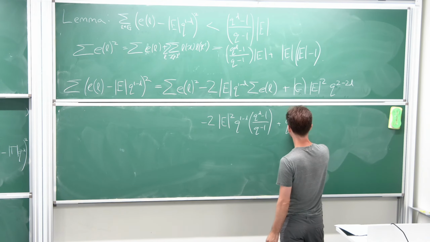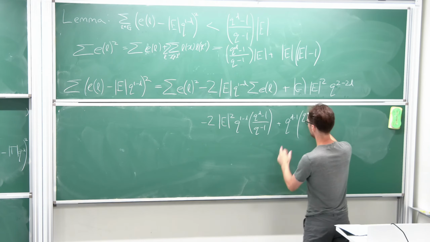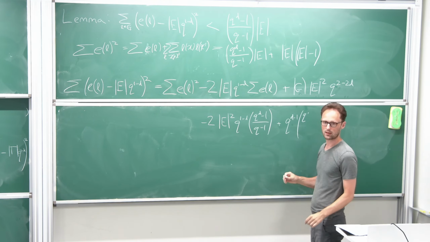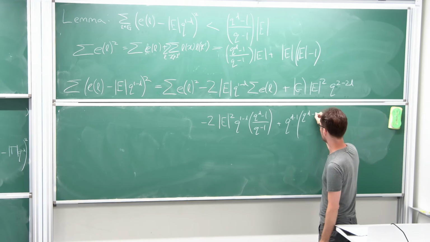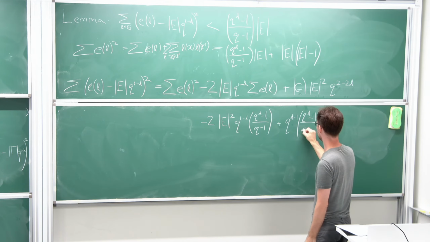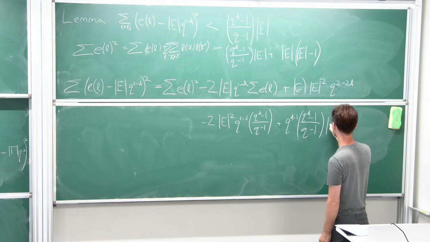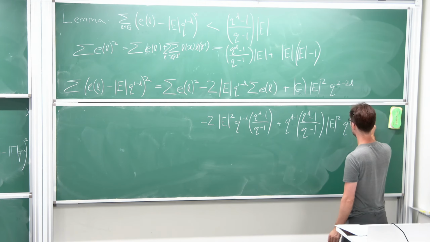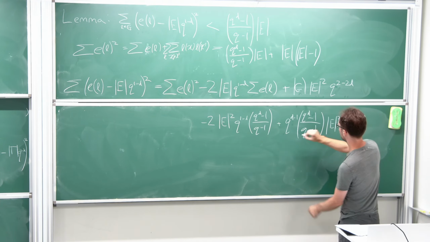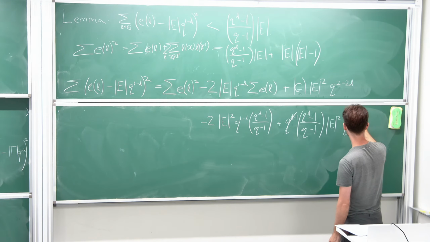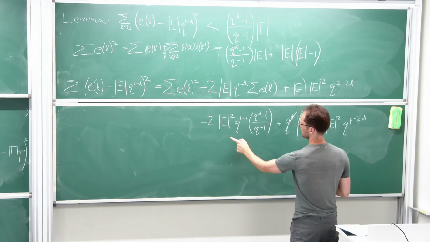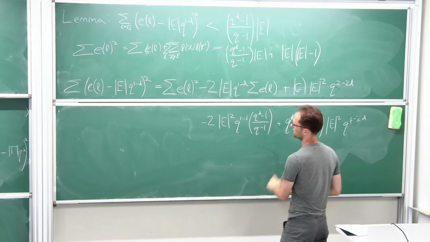G is q to the d minus 1 times the number of lines that contain a fixed point. Q to the d minus 1 is the number of translates of a line that are contained in the space. So this is the total number of lines in the space times e squared times q to the 2 minus 2d. Well, this cancels out one of these factors, so we get 1 minus d here. And now everything looks the same: this term is just twice this term.